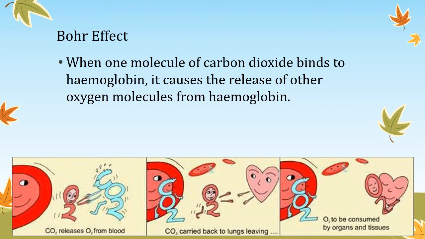And when hemoglobin, the blood fresh from the lung, comes in full of oxygen, and carbon dioxide binds to the hemoglobin, it releases oxygen more easily, because of the change in the shape of the hemoglobin inside the blood. And this is what we call the Bohr effect.